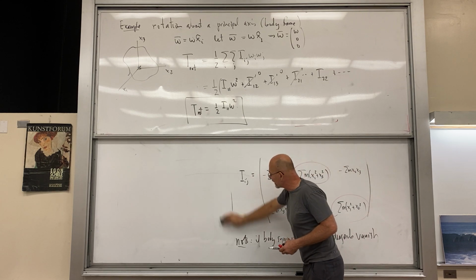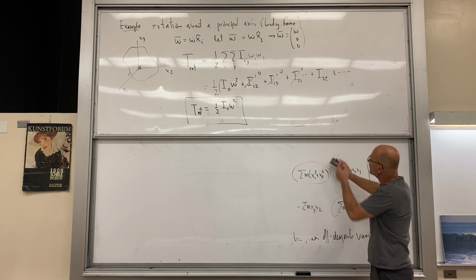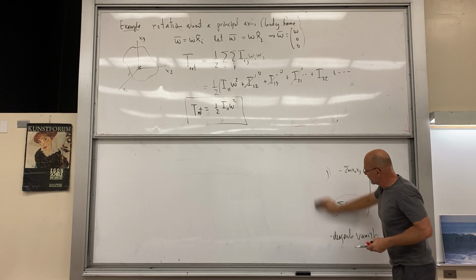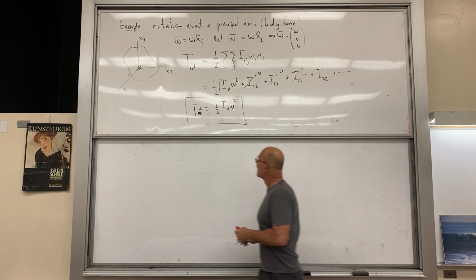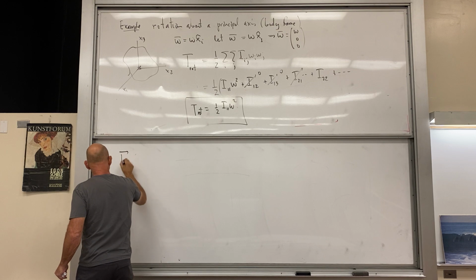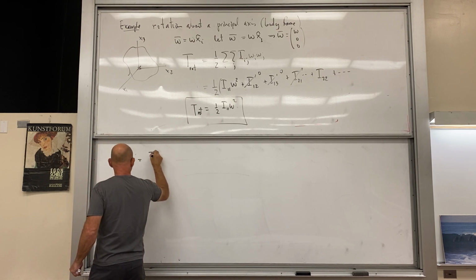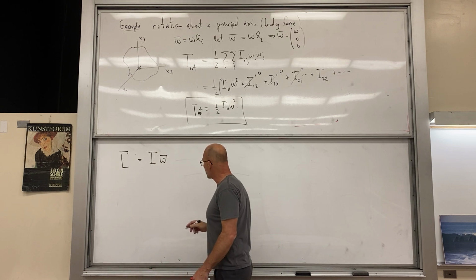And that's a matrix multiplication. We're using the example that we have up above, because, you know, arbitrary choice of axis. So for the angular momentum, I omega. Now remember, that's row times column.